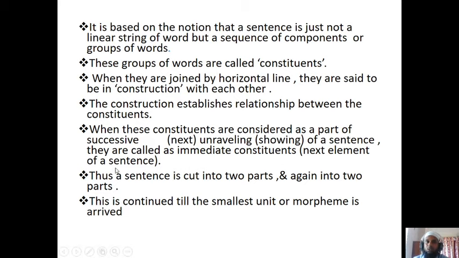That is the next element of a sentence. Thus a sentence is cut into 2 parts and again into 2 parts, and this continues till the smallest unit or morpheme is arrived at. You can say the least possible meaningful units are arrived at.